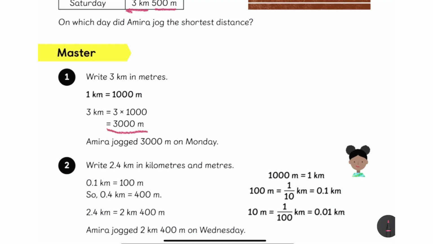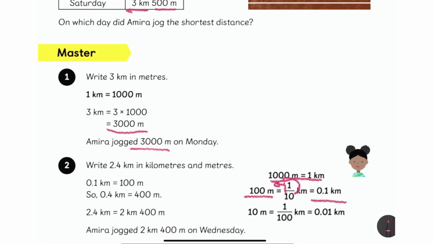We want the second one. Now, if you see the key, we saw 1,000 meters is 1 kilometer. 100 meters is nothing but 1 over 10 kilometers. When I take this 0 here, it becomes 0.1. That is how I got 0.1 kilometers.